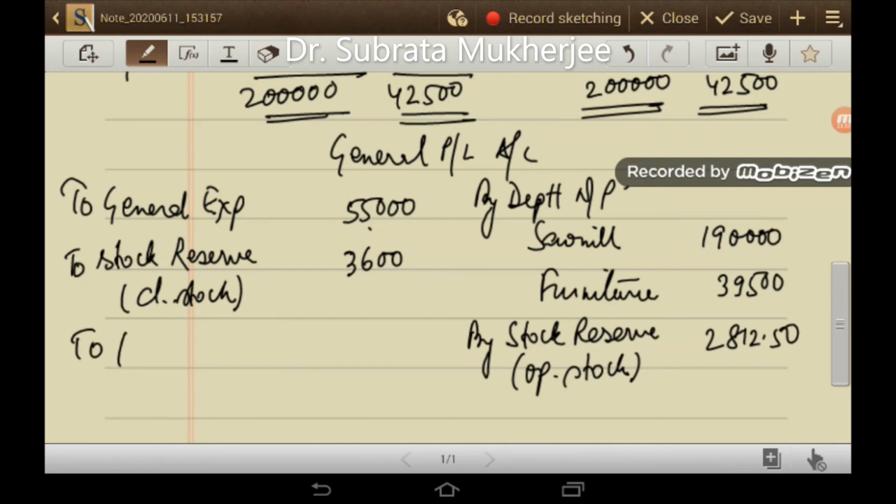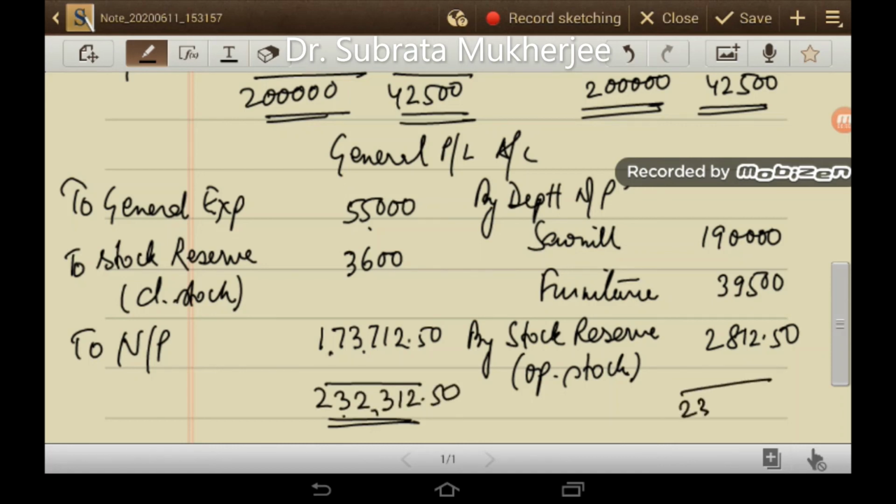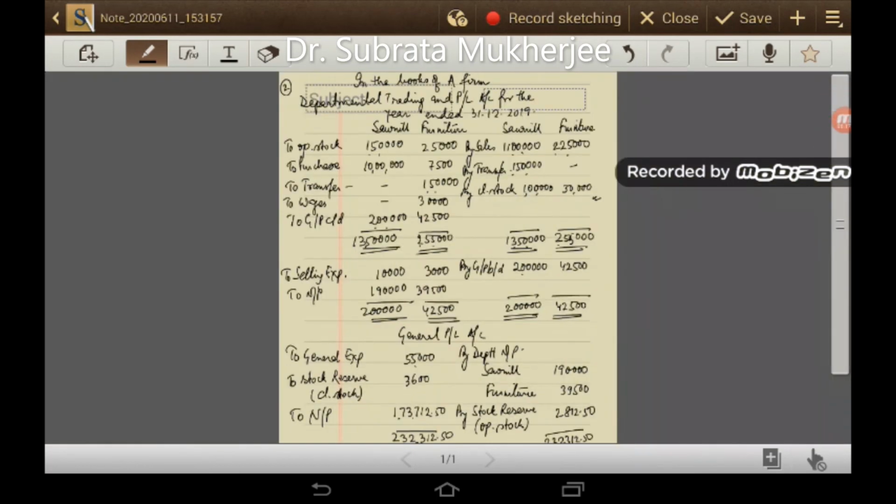And this is your general net profit, this is 1,73,712.50. 2,32,312.50 is the both side total. And this is the departmental trading and profit and loss account in one screen.